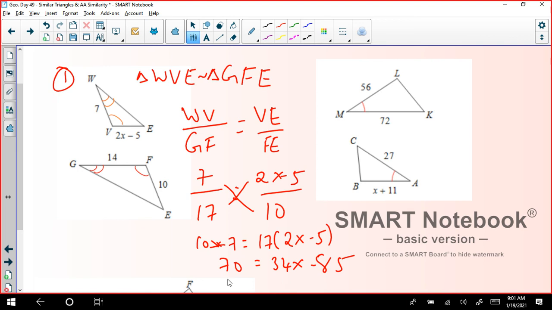So further add 85 on both sides to get 155 equals 34x.